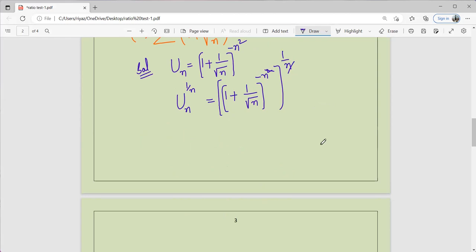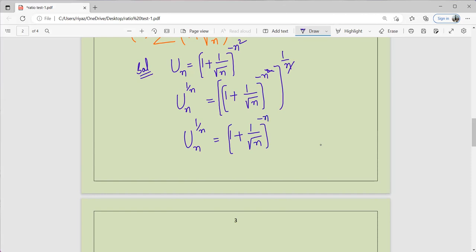Clear enough? Where did the 1 by n come from? Taking 1 by n root on both sides, nth root we are applying. This is un is equal to un to the power of 1 by n. We are left with here 1 plus 1 by root n whole to the power of minus n only left of it.